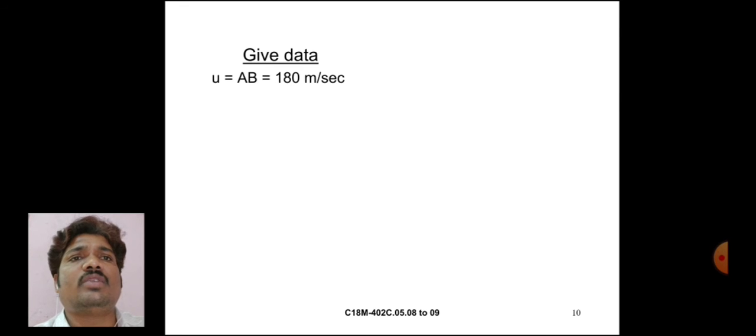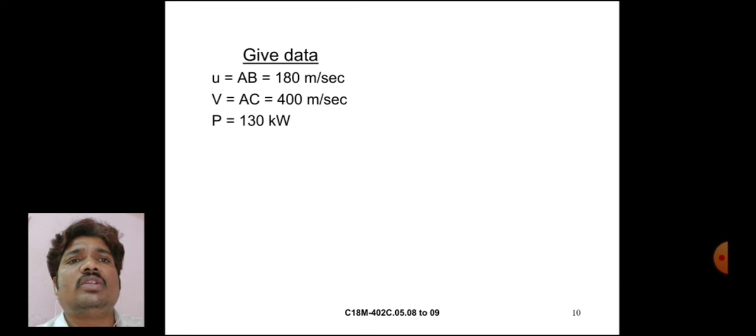In the second problem, the given data: u is equal to AB, blade velocity 180 meters per second; steam velocity V is equal to AC, 400 meters per second; power 130 kilowatts; mass flow rate 2 kg per second; constant K is 0.9.